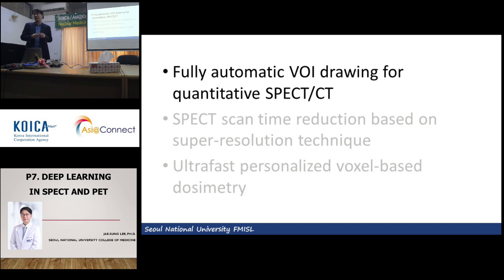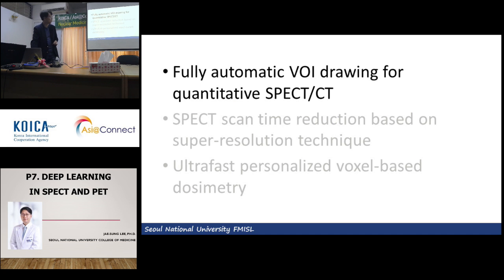We can even calculate the SUV value using SPECT/CT data. Due to improvements in attenuation correction, scatter correction and collimator detector response modeling, the accuracy of quantitative SPECT has much improved.